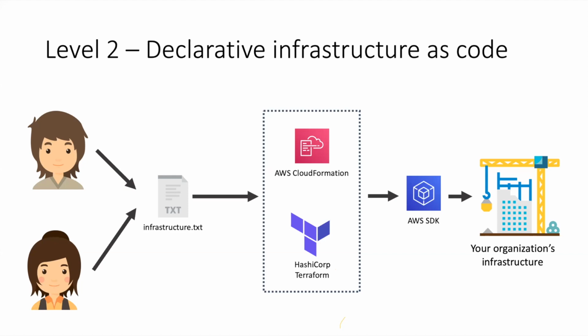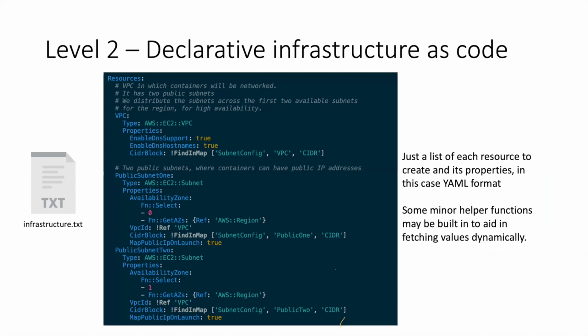So here's what that looks like. You can see in this document, it's written in YAML format, and there's a list of resources. You see that tag up at the top where it says resources. And then inside of the resources list, each resource has a name, and then it has a type and various properties. So what this ends up being is just a data structure that has a list of items inside of it that have properties.